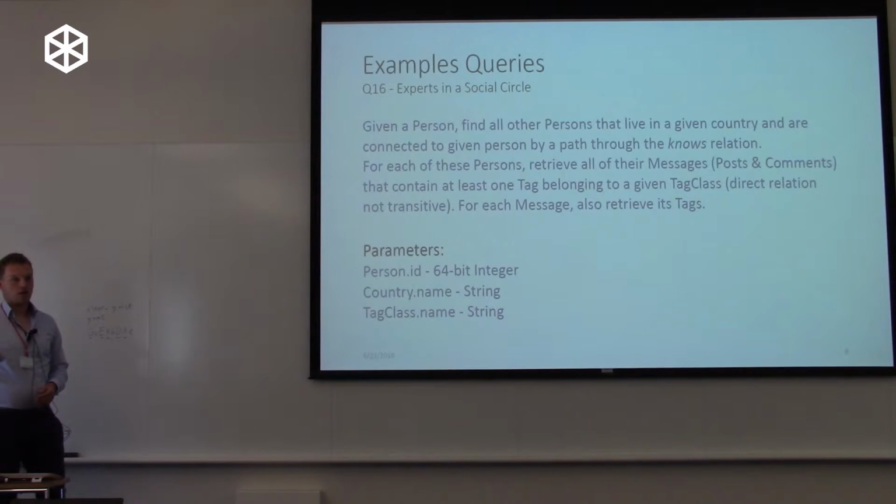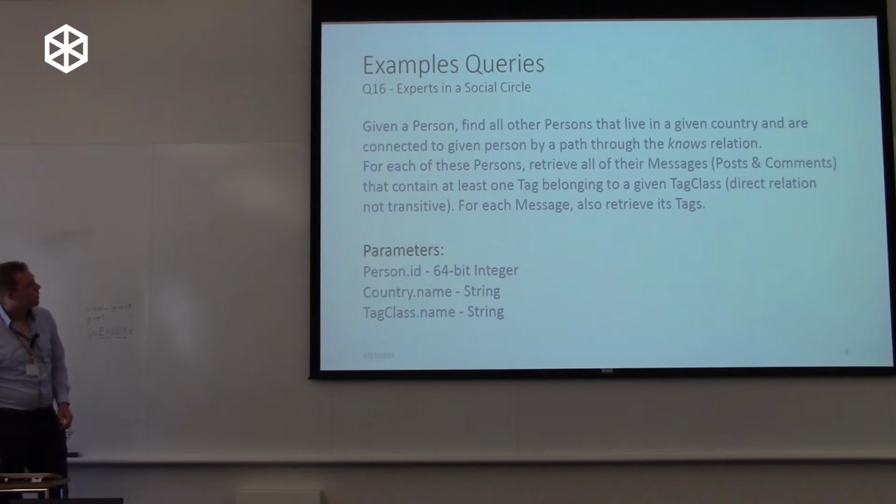That's already a transitive computation, and this is really the graphy part of this particular query. In the entire workload of the 24 queries, we have a couple of them that are more graphy and others that are more relational-like.